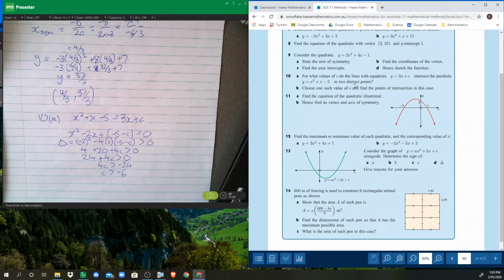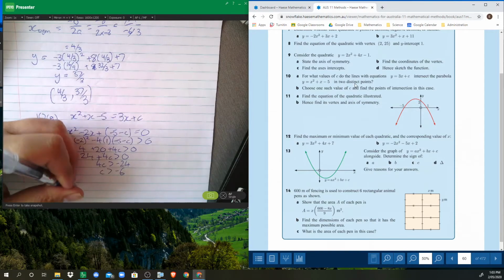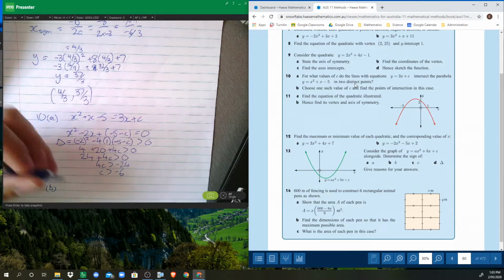Yep, so c, yeah, I've got c of minus 6. And essentially I can pick any point greater than that for part B. Okay, so part B, any value greater than minus 6.